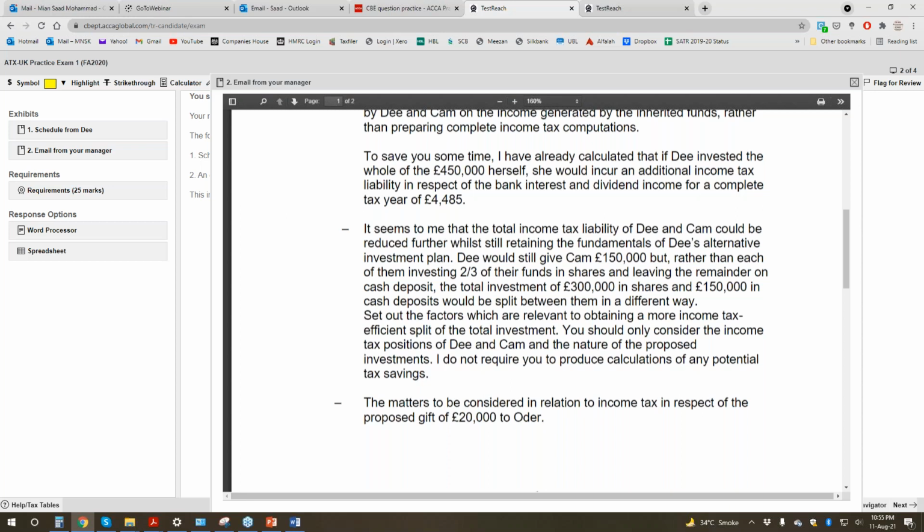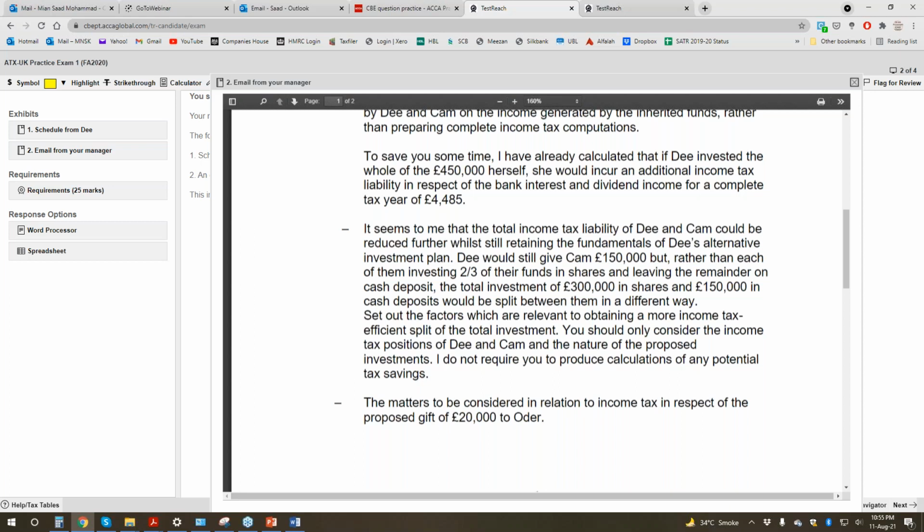So first the 450 will be split between them, 300 to one and 150 to the other, and then they will both invest in the shares and the cash deposit. That's what I understood by now. But it is pretty confusing.